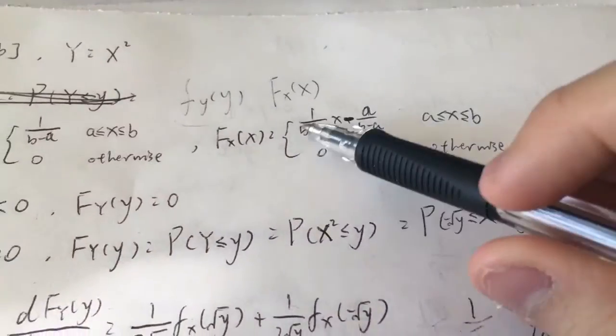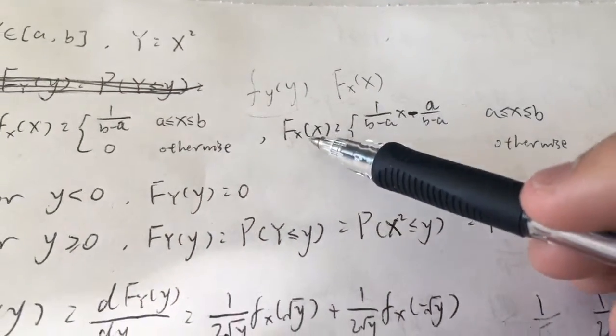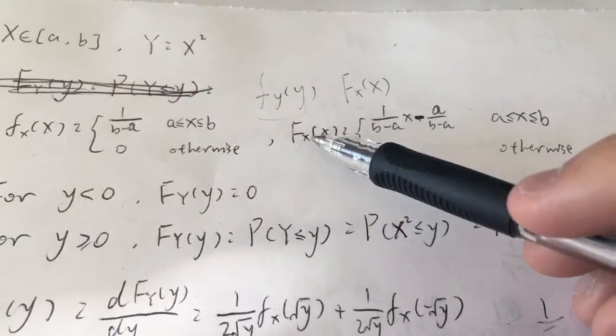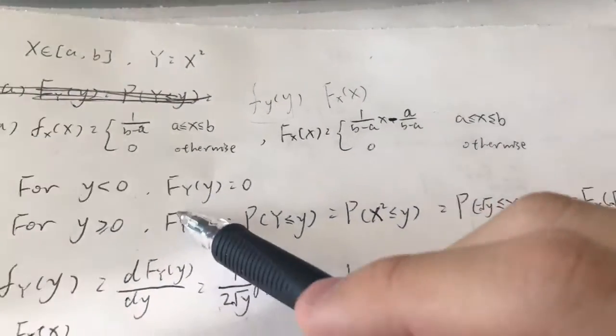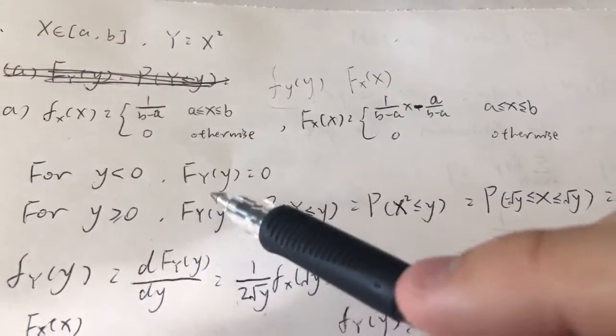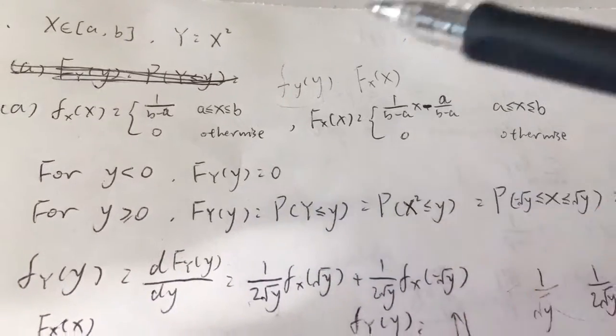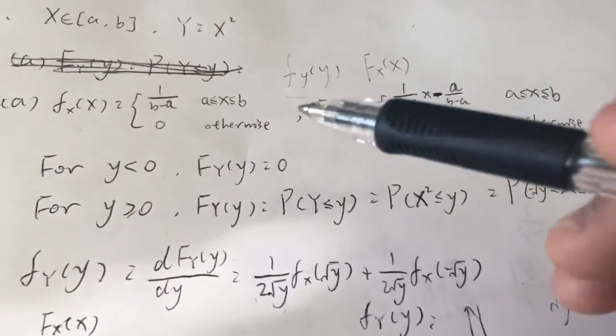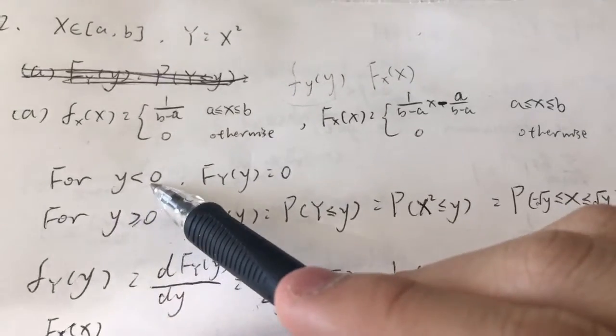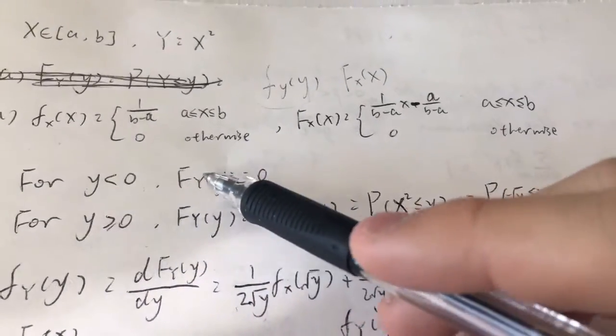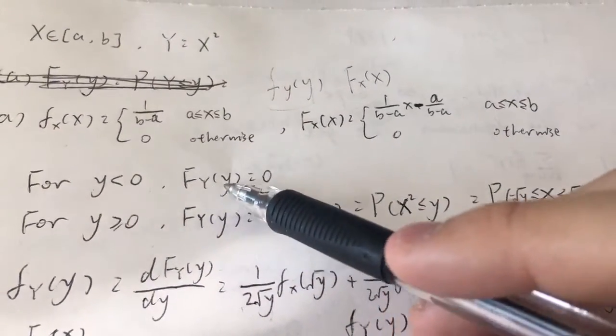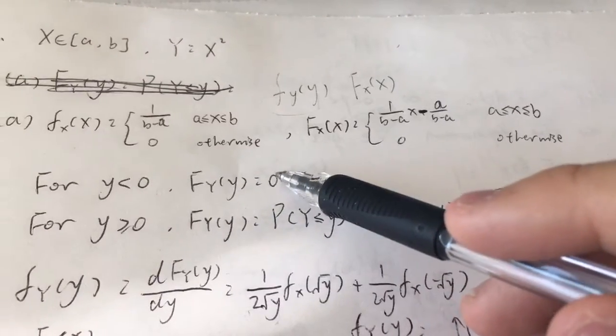So we got these, and with the result of the distribution function of x, we can calculate the distribution function of y. According to the definition, when y is smaller than 0, the distribution function of y is equal to 0.